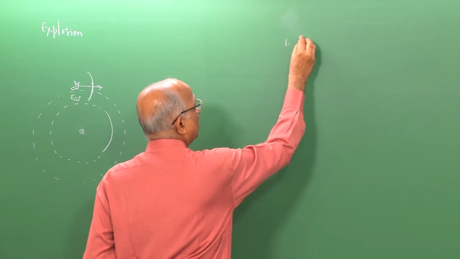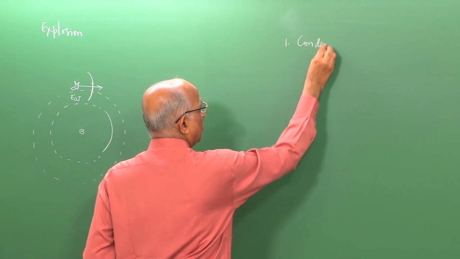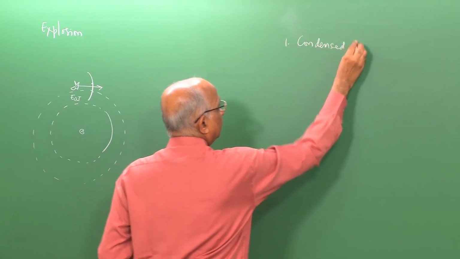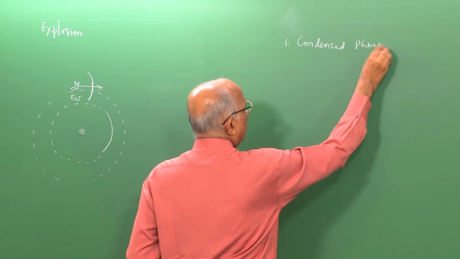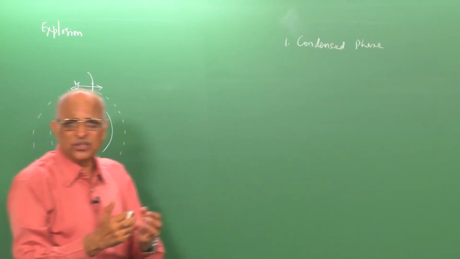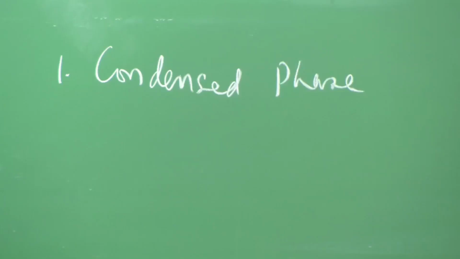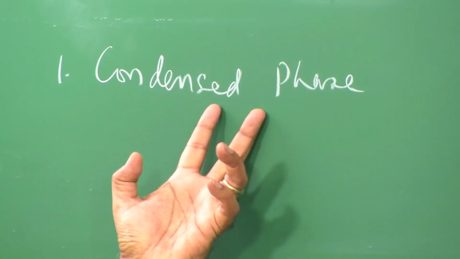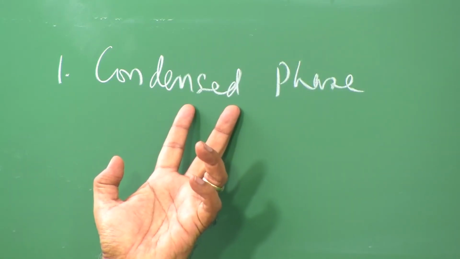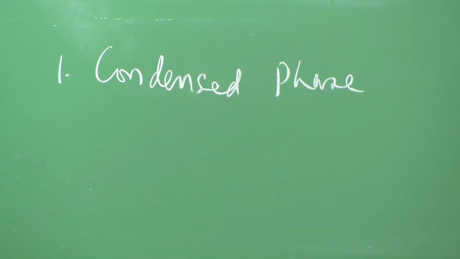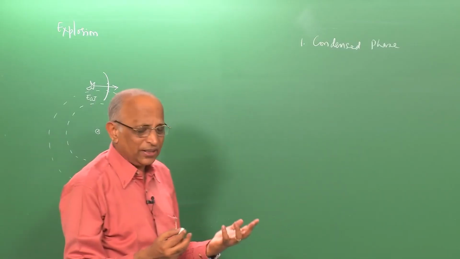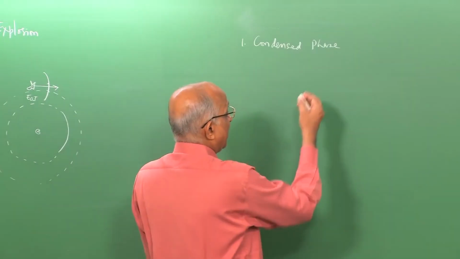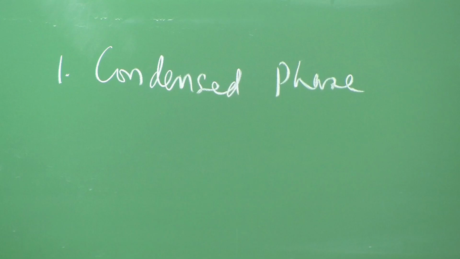We started with something like a condensed phase explosion. By condensed, we mean heavier substances, liquid and solids. We looked at some of the examples which released energy and caused explosions using condensed phase. The examples were the Texas City disaster, in which a lot of material just exploded.